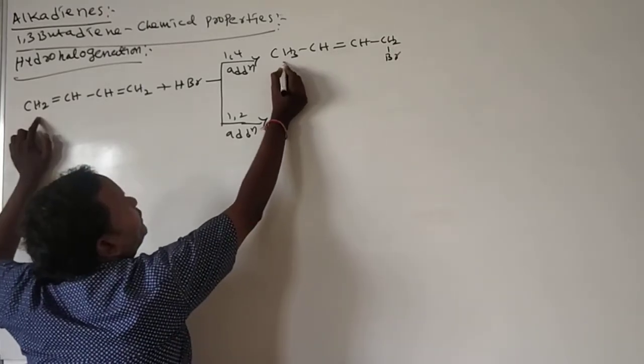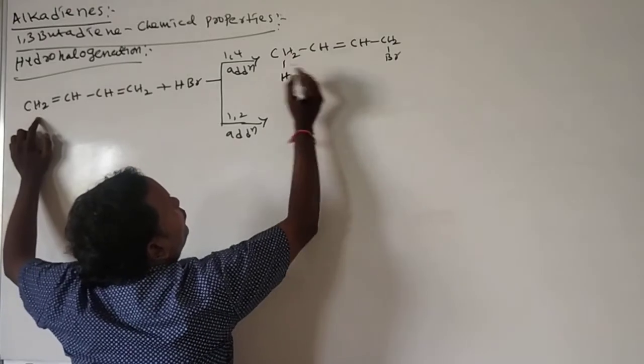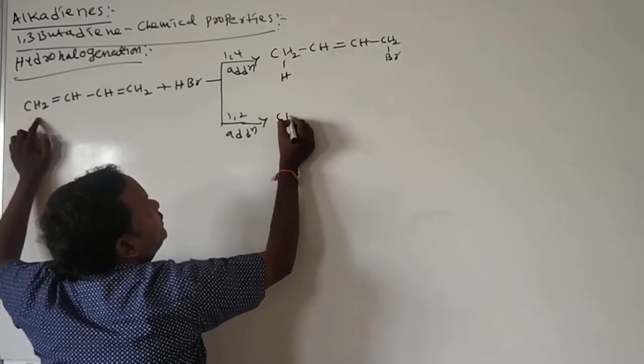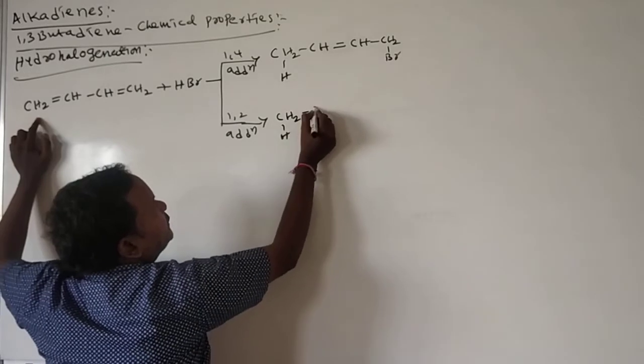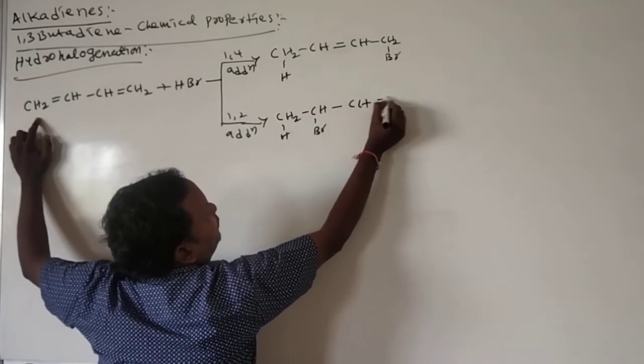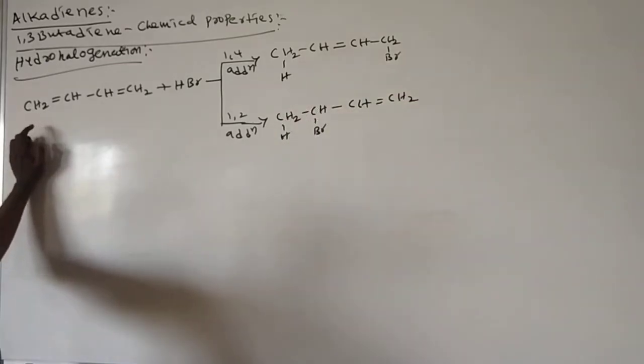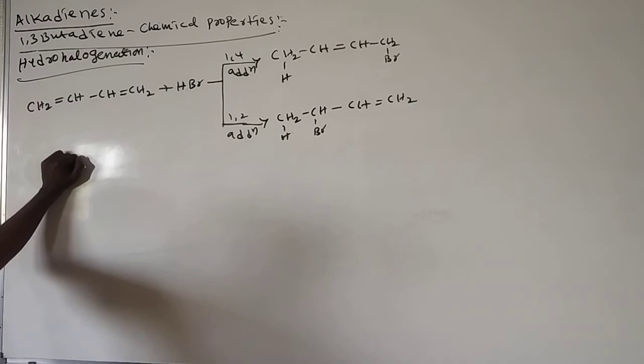Hydrogen is added here and bromine added here, so 1,4 addition. 1,2 addition means CH3, CHBr, CH double bond CH2. Here monobromo compounds are formed.